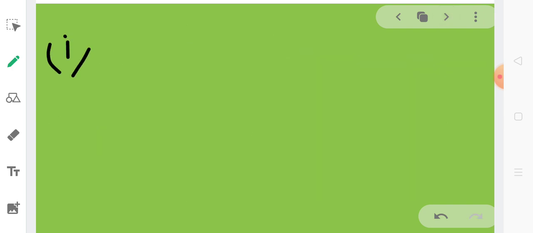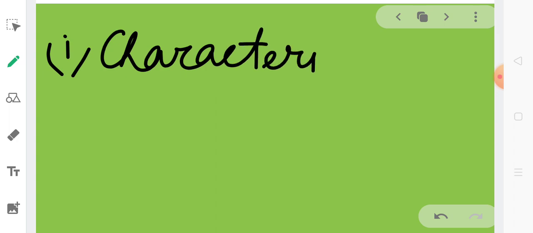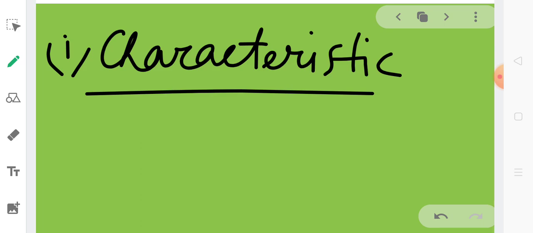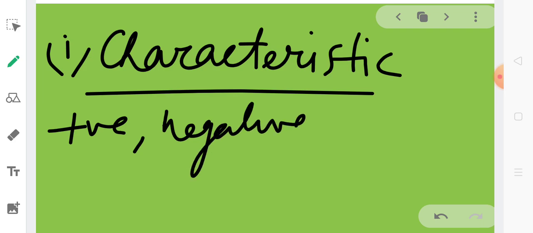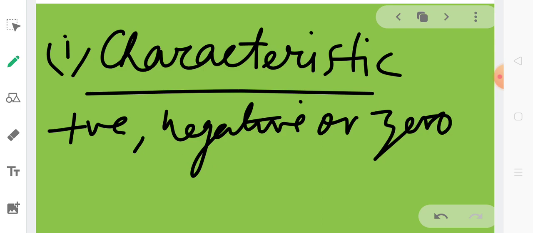Now beginning with the first part, that is the characteristic. Now this may be positive, negative, or 0. Now there are some set rules for understanding how to find out the characteristic.